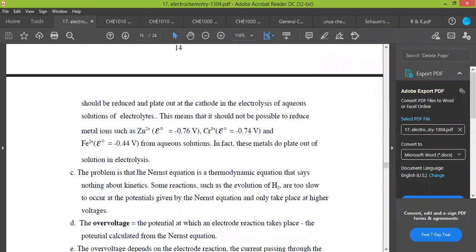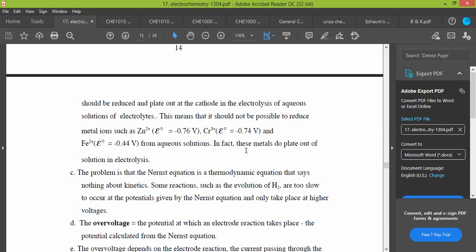So the problem is that the Nernst equation is a thermodynamic equation that says nothing about kinetics. So some reactions such as that are too slow to occur. So what this is just telling us is that we can carry out a calculation, and we find the cell potential overall. This tells us that the way we are going to write our equation, the reaction will be spontaneous.